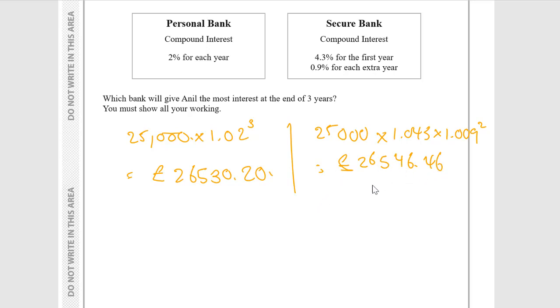So the best one will be secure bank because we get a little bit more, just over £16 more with secure bank.